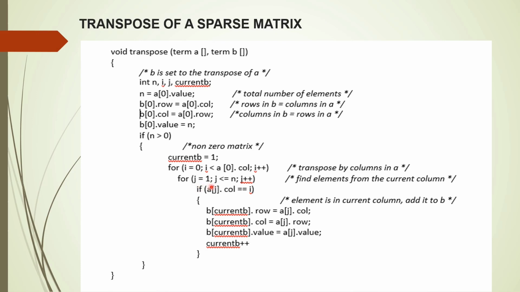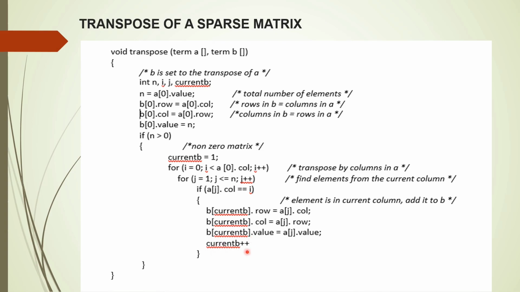So now j is equal to 1, j less than or equal to n, j represents the row here. So A[j].column will give you the column value. Suppose that is equal to 0, that is, if that element belongs to the 0th column, then interchange: column value becomes row value, row value becomes column value, and then the value is going to be stored into the value position of the transposed matrix.